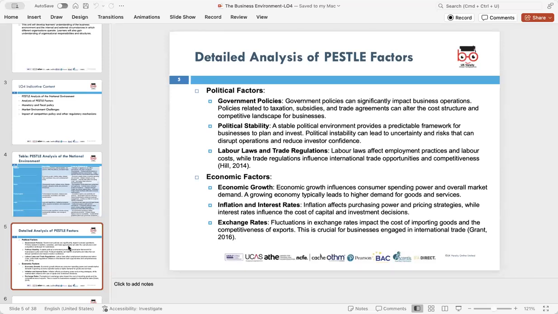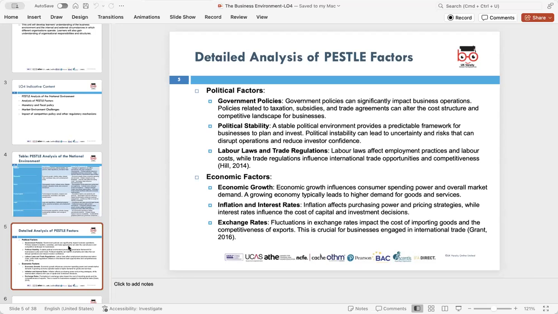Political stability is essential for creating a predictable environment for businesses to plan and invest. Stable political conditions foster investor confidence and reduce the risk associated with political disruptions. Labor laws and trade regulations play a critical role in shaping employment practices and international trade opportunities.